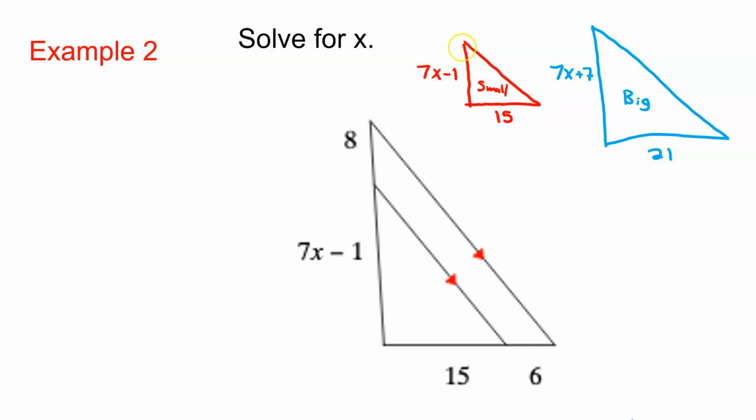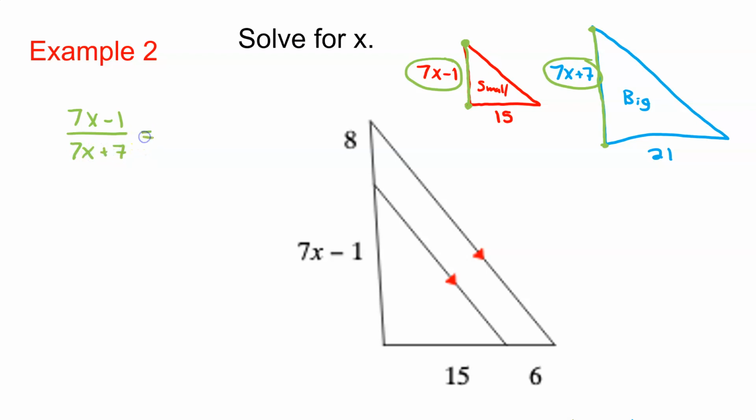Play the matching game. So I know here that the left side, 7x minus 1, is matching up with the left side of this bigger triangle. So those are matching. So I'm going to write 7x minus 1 over 7x plus 7. Those are the corresponding sides.